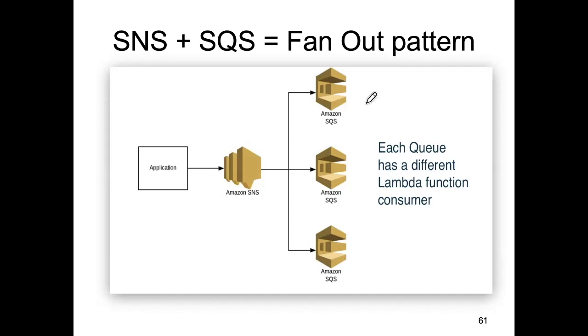The idea here is there'd be a Lambda here and a Lambda here and so on for each SQS queue. And each of them is doing a different type of processing, but they're all processing the same message. And the nature of the processing is such that it can be done in parallel. Clearly, if the processing done by this Lambda has to happen before the processing done by this Lambda, then you cannot use this pattern. But if that's not the case and it can be done in parallel, then you can set up this kind of configuration.